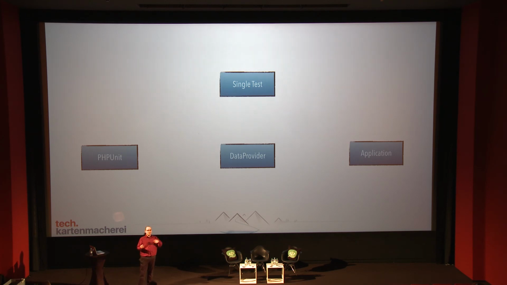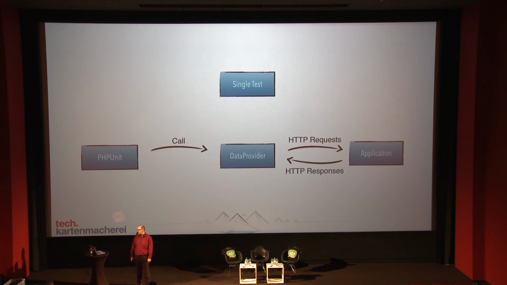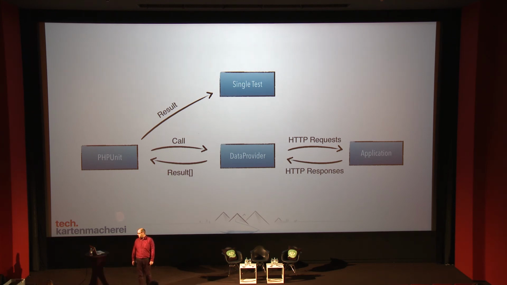So it's not back and forth, but it really looks like this. PHPUnit starts the data provider, does all the requests and handles the responses, prepares the result objects, hands the list of result objects back, and then PHPUnit starts one test after another.